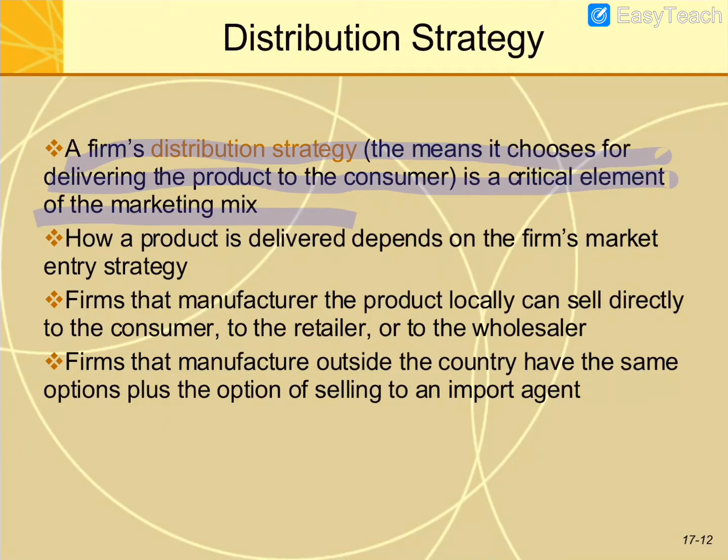How a product is delivered depends on the firm's market entry strategy. Firms that manufacture the product locally can sell directly to the consumer, to the retailer, or to the wholesaler. Firms that manufacture outside the country have the same options plus the option of selling to an import agent.